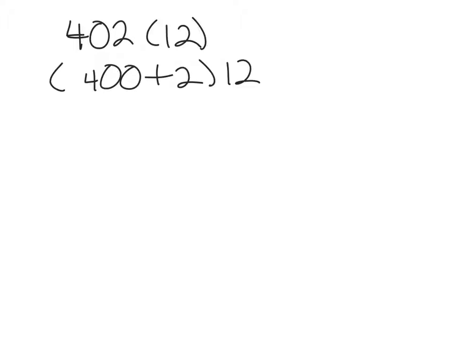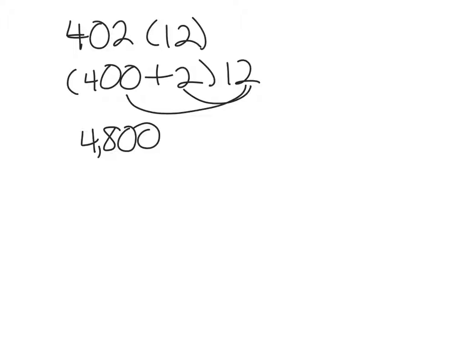Okay, when we do that, what we can do then is say, okay, 12 times 400. I can do that in my head because 4 times 12 is 48. So that would be 4,800. And then I can do 2 times 12 in my head. That would be 24.